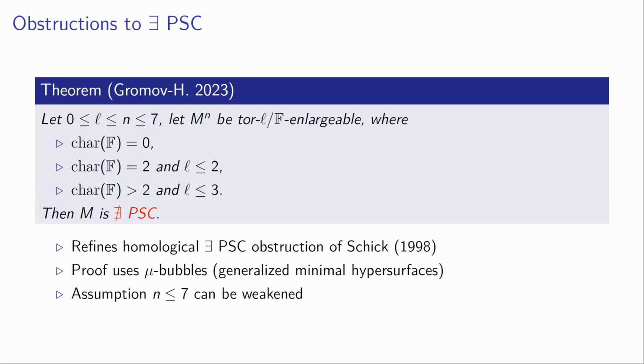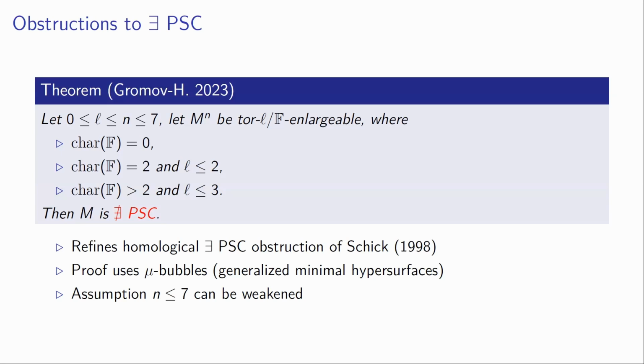And depending on the characteristic of F, we get the obstruction to the scalar curvature metric on such a manifold. For example, if you have TOR-F enlargeability for the rationals, then you always get an obstruction up to the dimension n, so L can be anything.